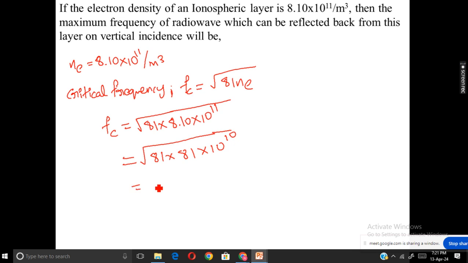So it is basically 81 into 10 raised to 5, or 8.1 megahertz. This is the maximum frequency of the radio wave that will be reflected back from this layer. If F is greater than Fc, it will penetrate through the layer.